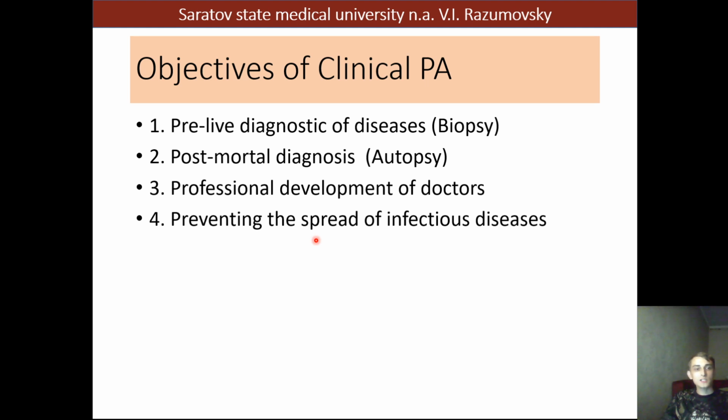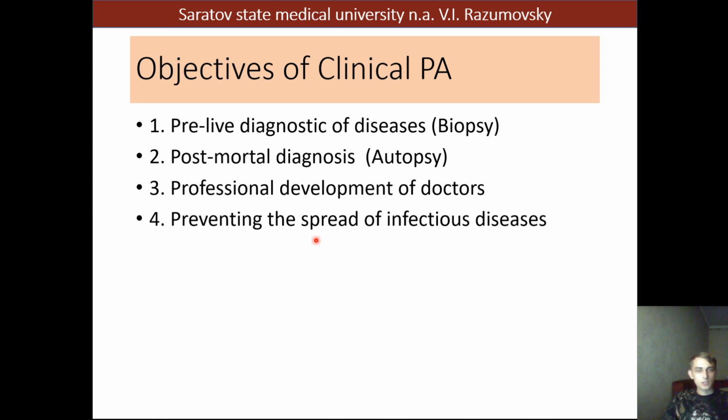Mostly pathologists in clinics do biopsy. After a surgeon's operation, the surgeon takes some material and brings it to the pathologist. The pathologist will examine your material and make the right diagnosis.